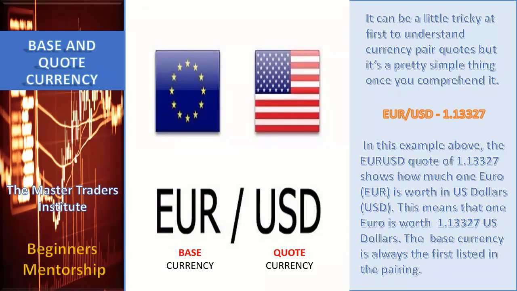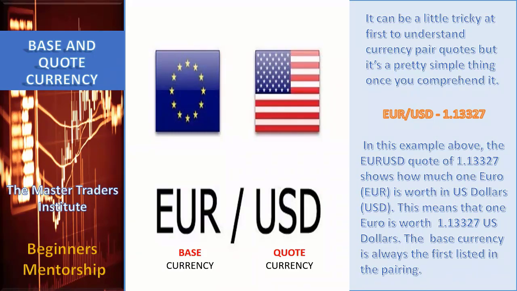It shows you how much 1 euro is worth in US dollars. Just like when you say USD/NGN at 510, which means $1 is worth 510 Nigerian naira. That is the same thing that is happening here.